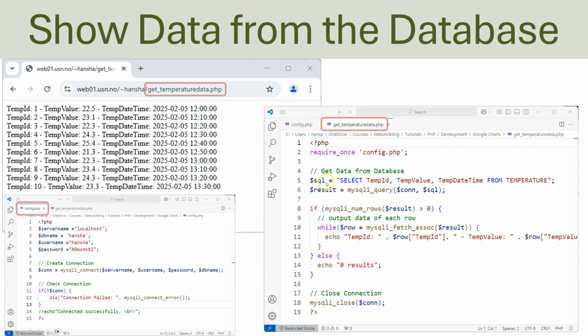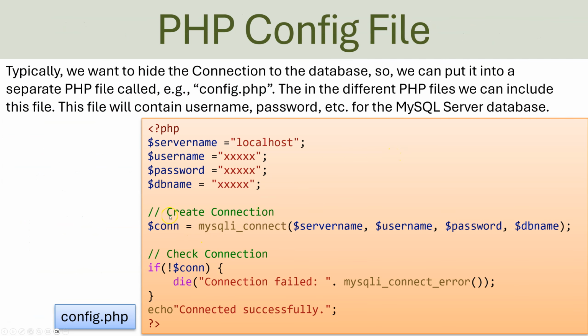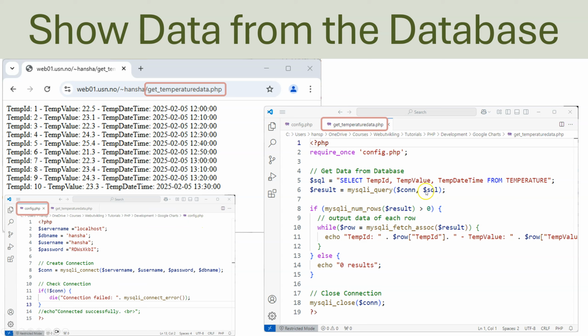In this case, select temp_ID, temp_value, temp_datetime from temperature, and then we need to run the query by using this built-in function called mysql_query, where it has 2 arguments, the connection that is created in this config file here. So here we create the connection, and then the SQL query which we have defined there.